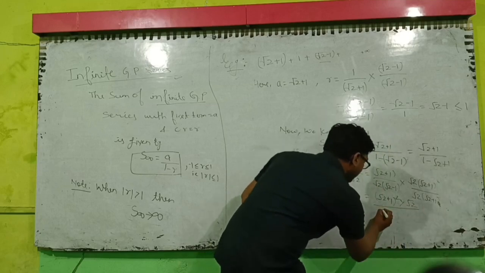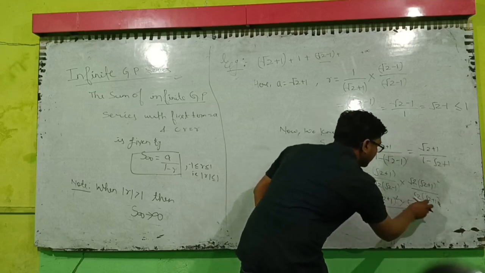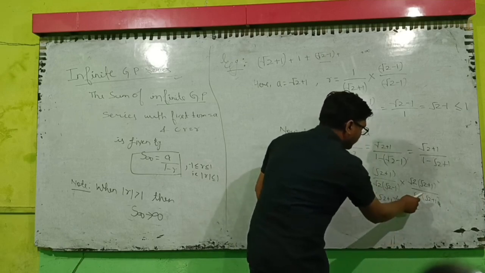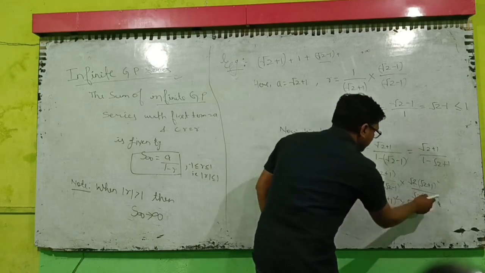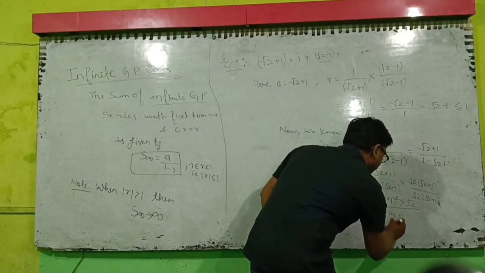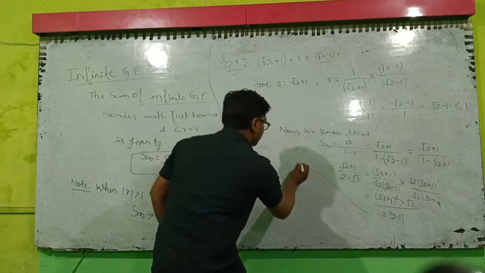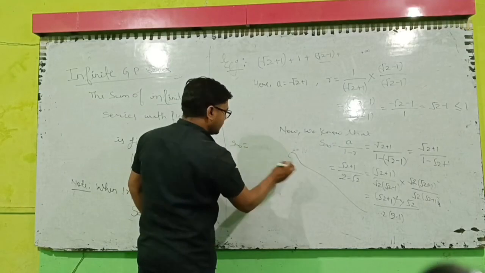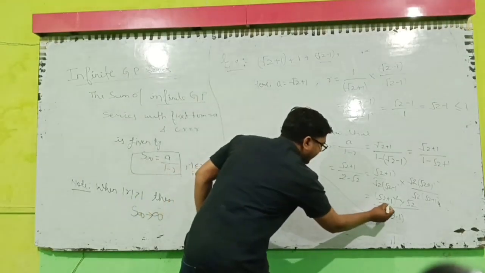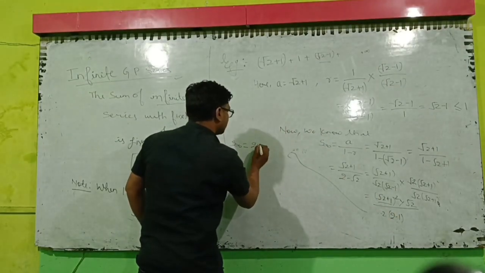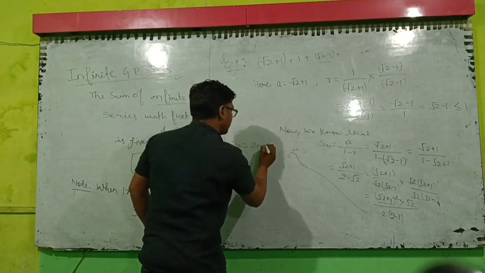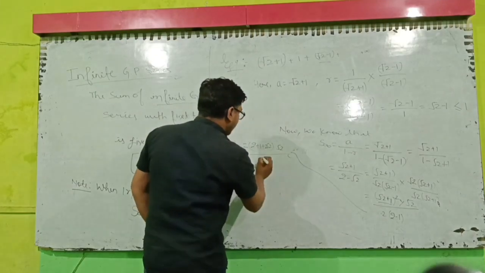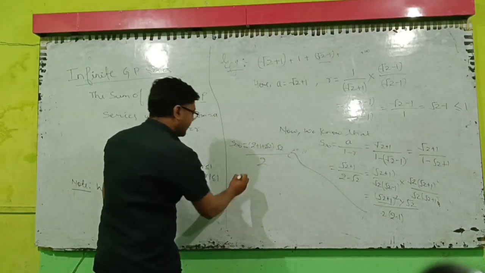Now see here, root 2 into root 2 is 2, and root 2 minus 1 times root 2 plus 1 is 2 minus 1. So we solve S infinity equals: expanding the bracket, 2 plus 1 plus 2 root 2, and the denominator is only 2.